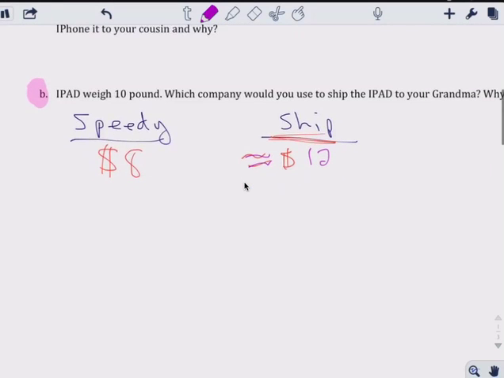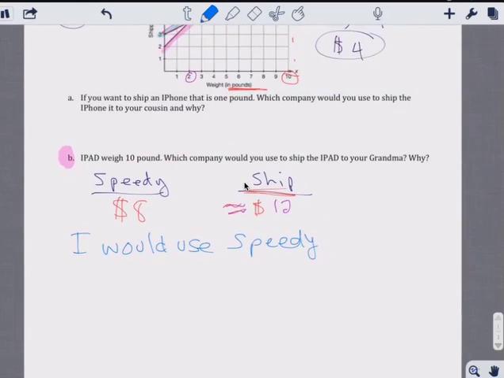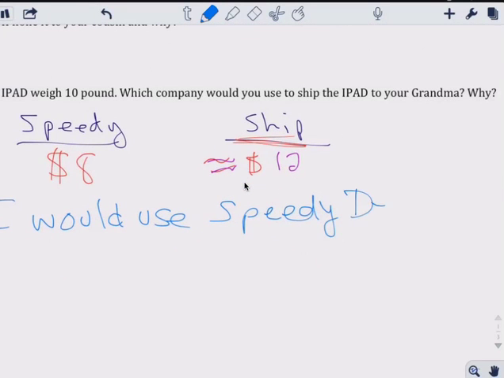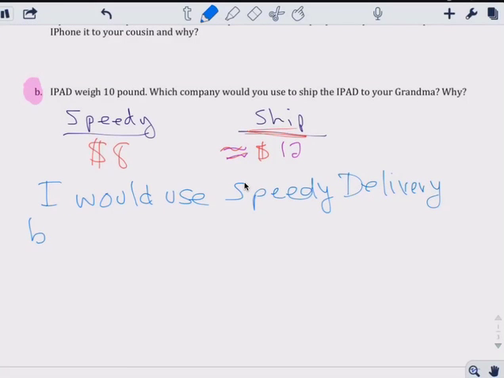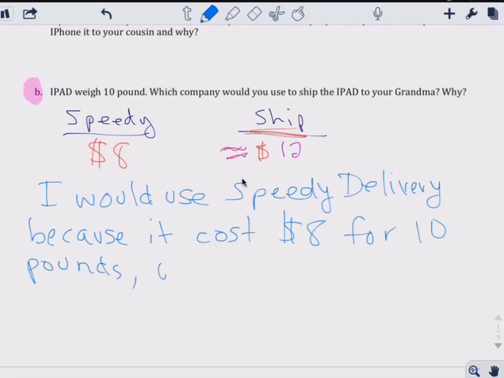Speedy. So here's how you would answer this. You would answer, I would use Speedy delivery because it costs $8 for 10 pounds, while Ship Fast charges $12.